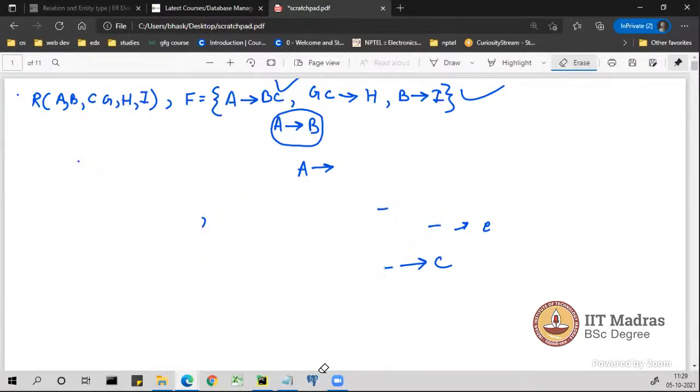Sir, one clarification I need here. The example you showed to find the closure set, I understood how to find it. So you started with A plus. So what's the purpose? No, that is not the purpose. I just gave an example of why a candidate key must have all the attributes in it.